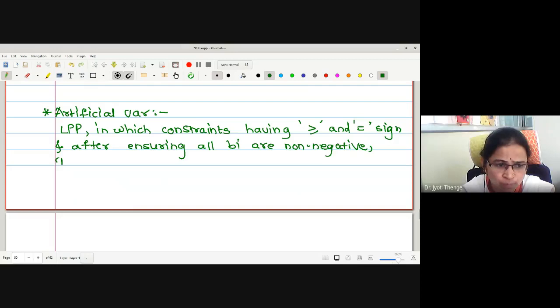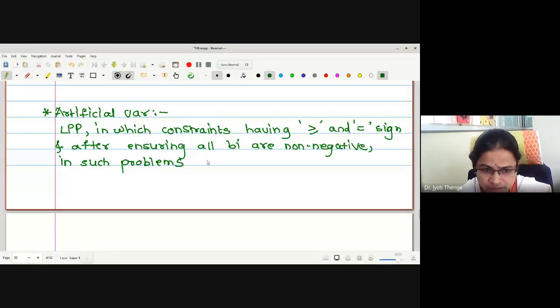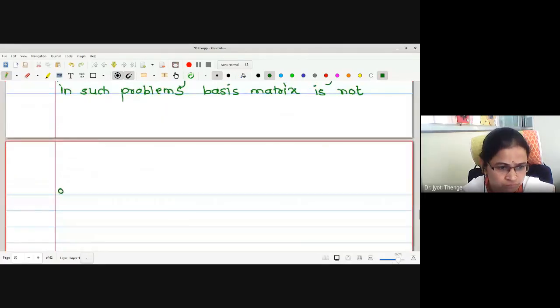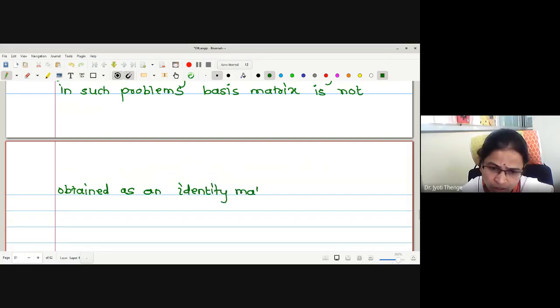In such problems, the basis matrix is not obtained as an identity matrix in the starting simplex table.